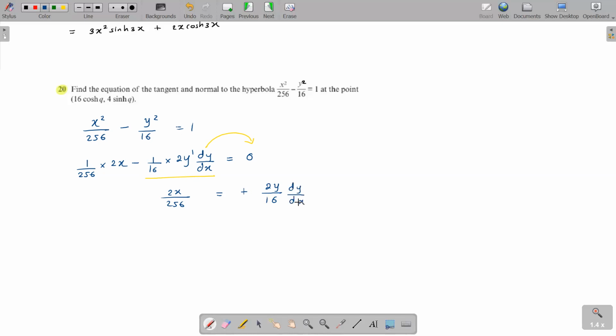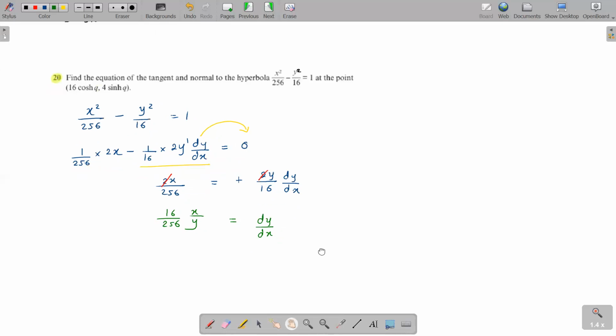We can cancel out the 2s, and let me make dy by dx the subject. So I end up getting dy by dx: the 16 comes on top, 256 is down, the x is up, the y comes down. So this is what I get for dy by dx.